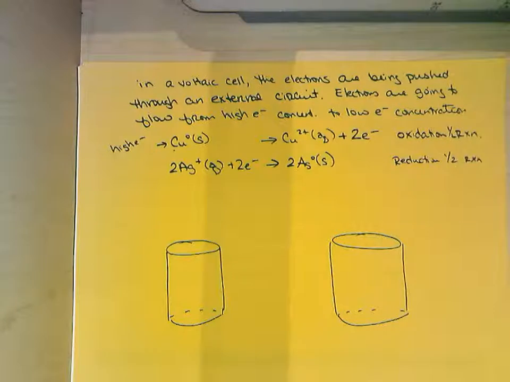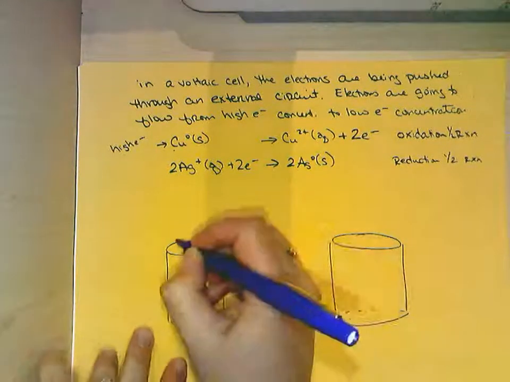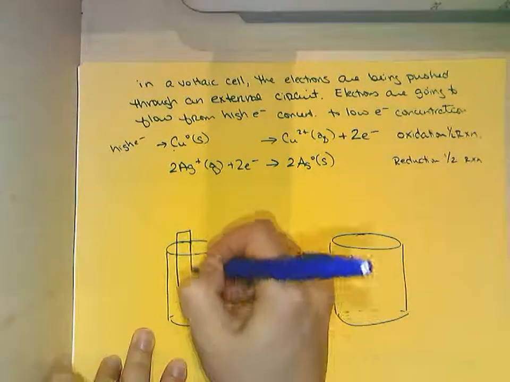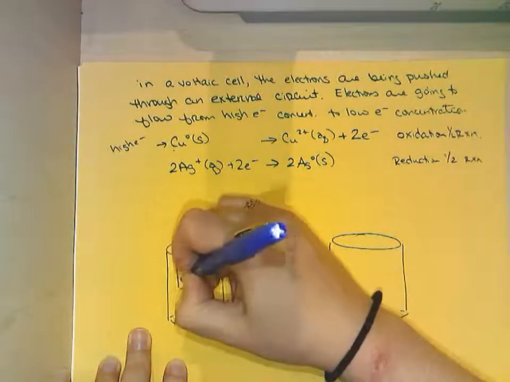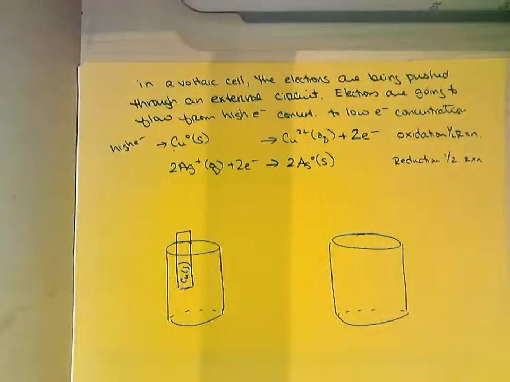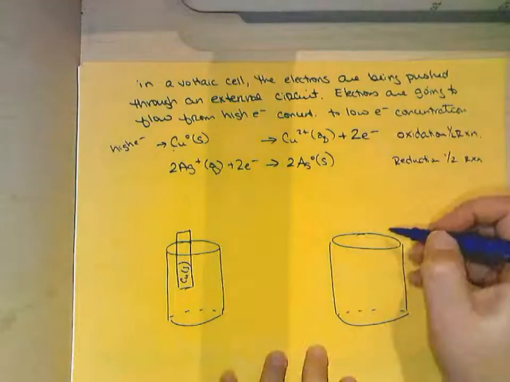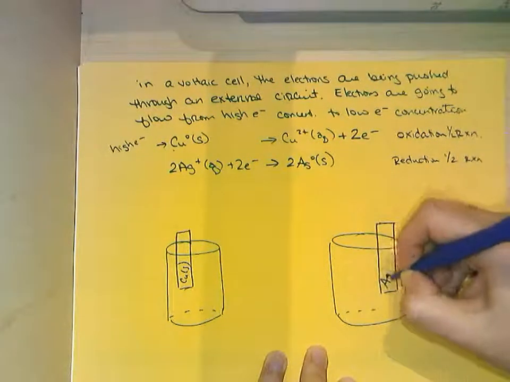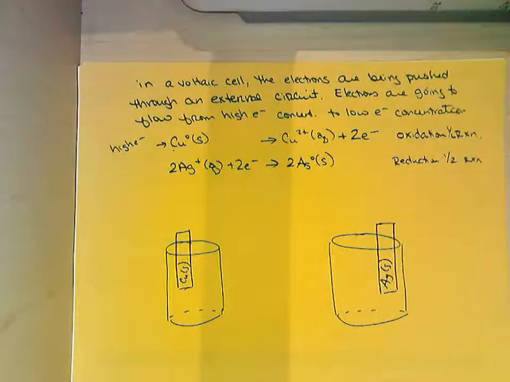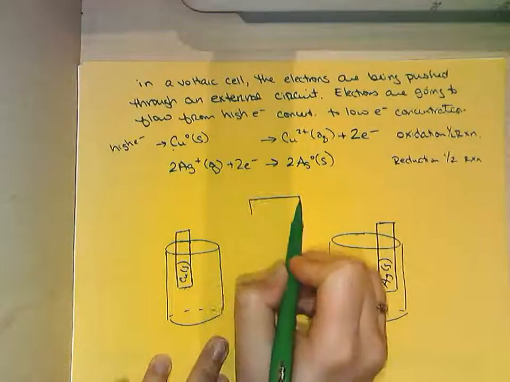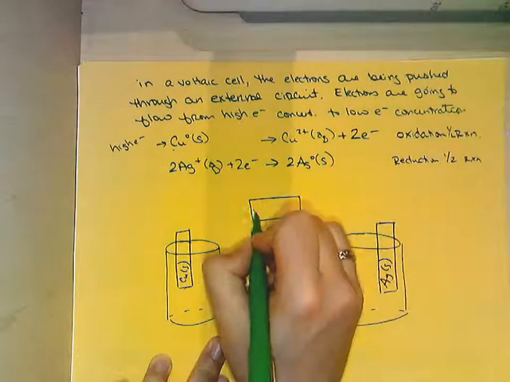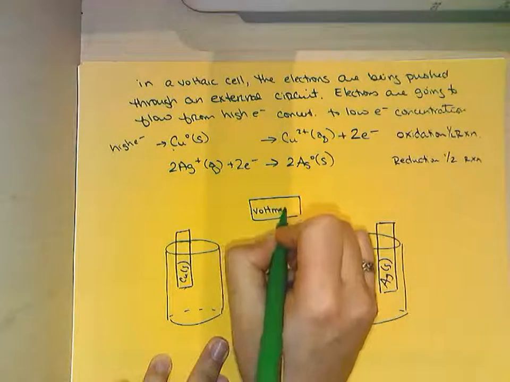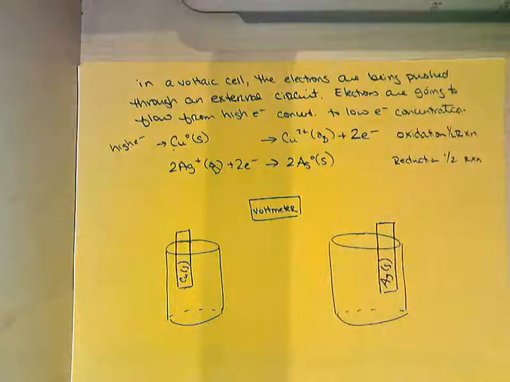And in this one, I have my piece of copper solid. I got my silver solid in the other beaker. There's my external circuit.